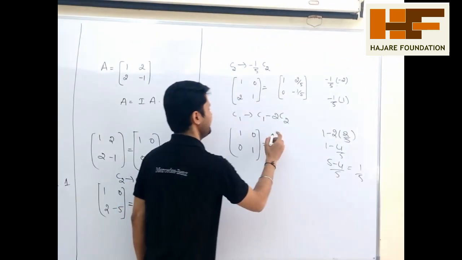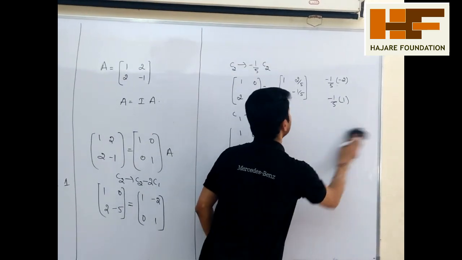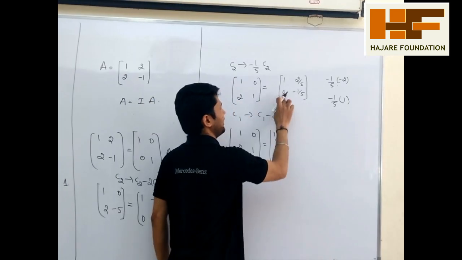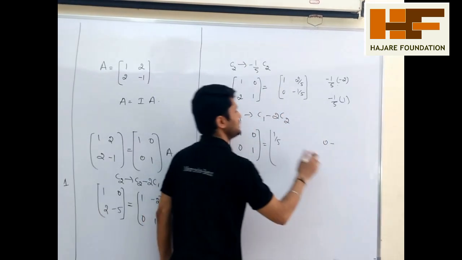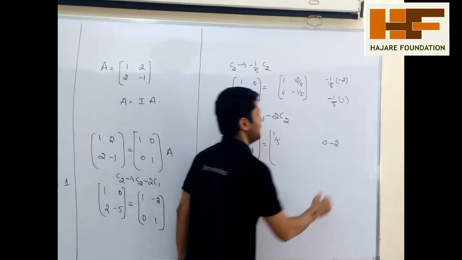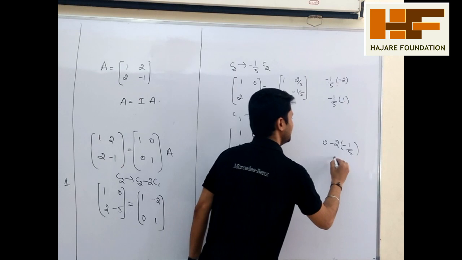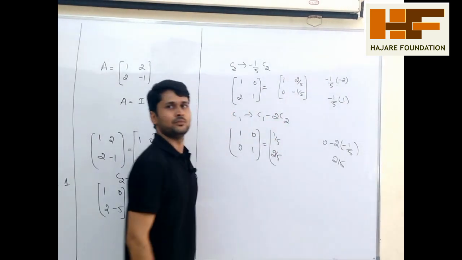Right, here 1 by 5. Next, similarly, go to this one. C1: 0 minus 2 times C2, 2 into the corresponding C2 element, minus 1 by 5. Minus into minus becomes a plus, 2 by 5. Write a 2 by 5.